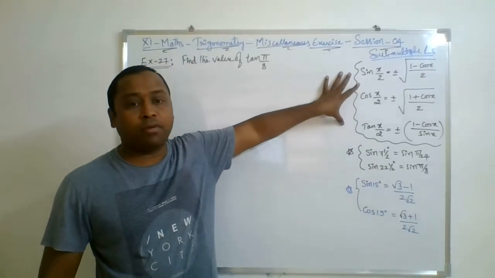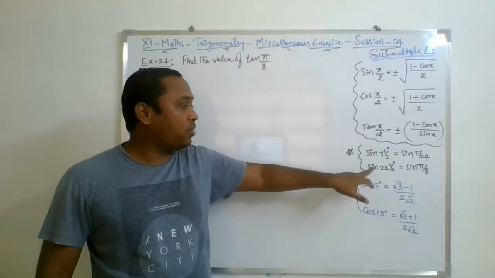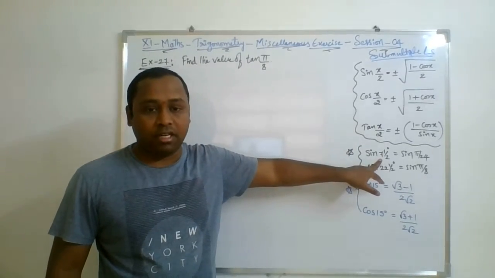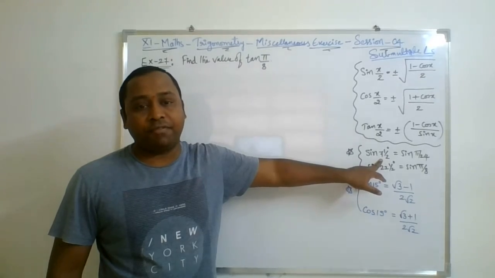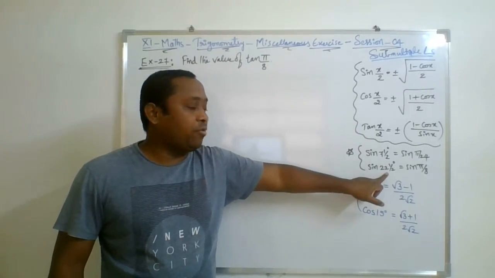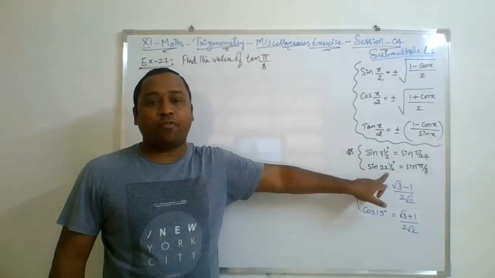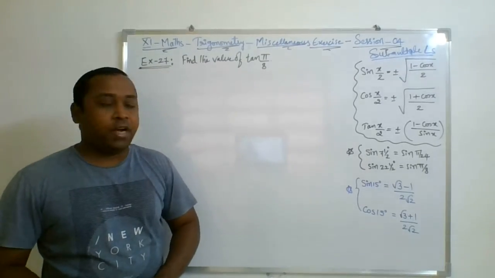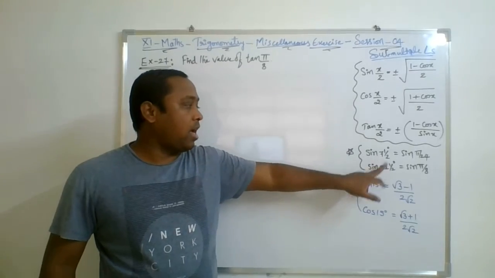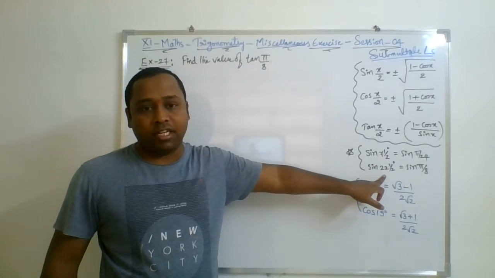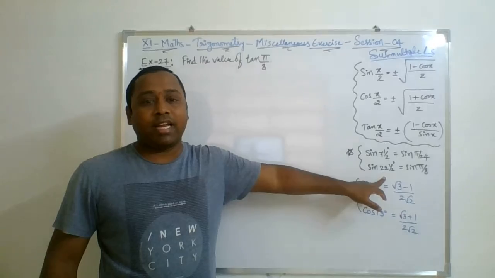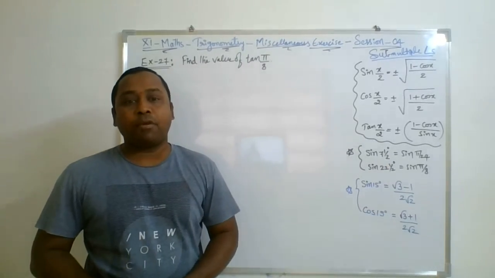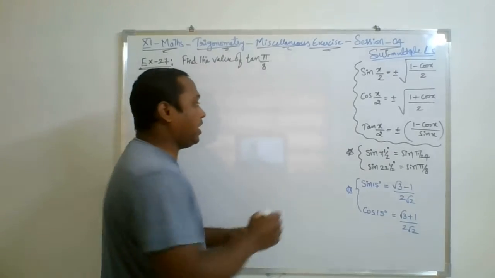Basically, the use of submultiple angles is when the angle is like 7.5 degree, which is half of 15 degree, or 22.5 degree, which is half of 45 degree. So when you need to find the sine of 7.5 or 22.5 degree, these angles are half of multiples of 15 degree.